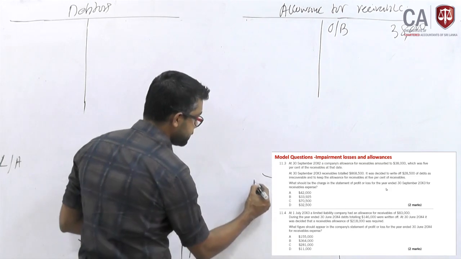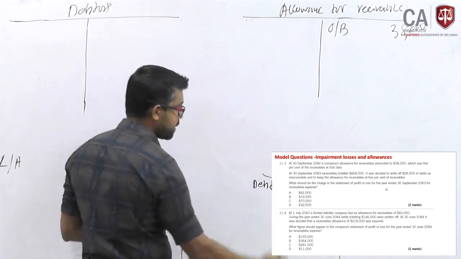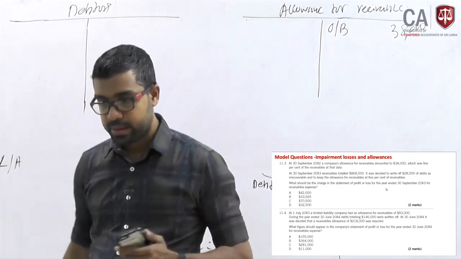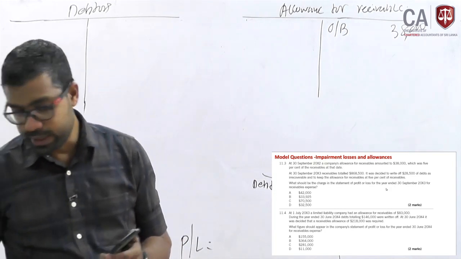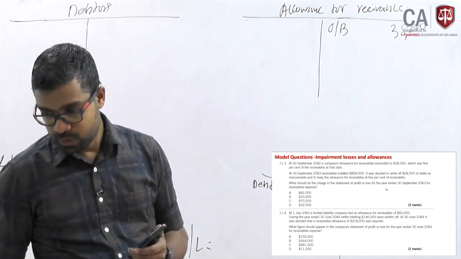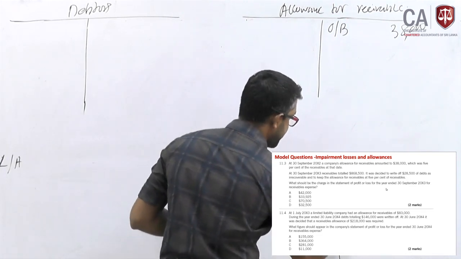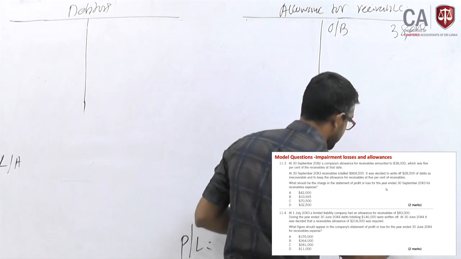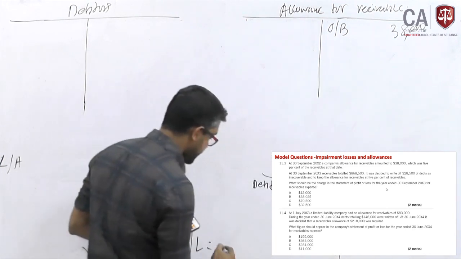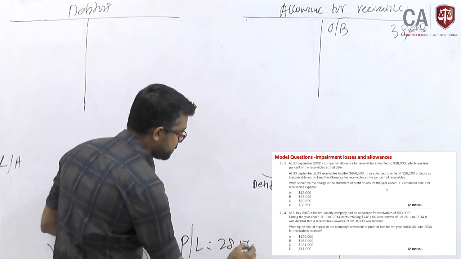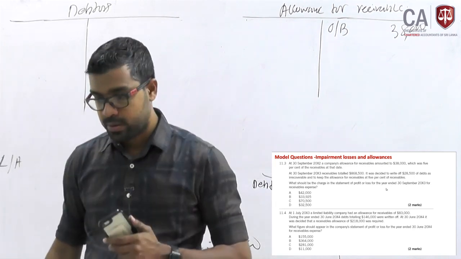Impairment, how much? There is an impairment of 28,500, which goes to P&L straight away.